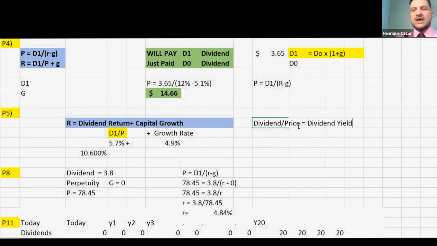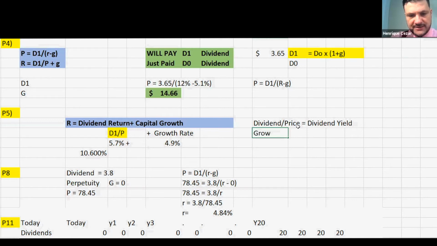Done. And then the second portion of your return comes from capital appreciation, okay? Capital appreciation is just the change in value of the stock. The change of the value of the stock equals the growth of that stock, the growth rate.